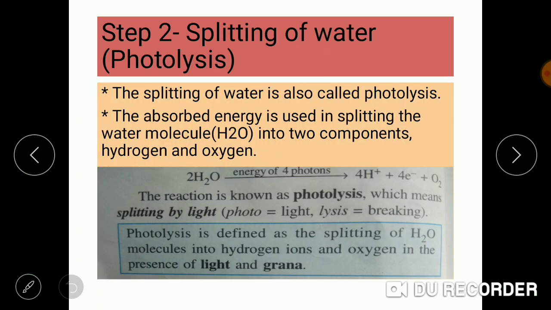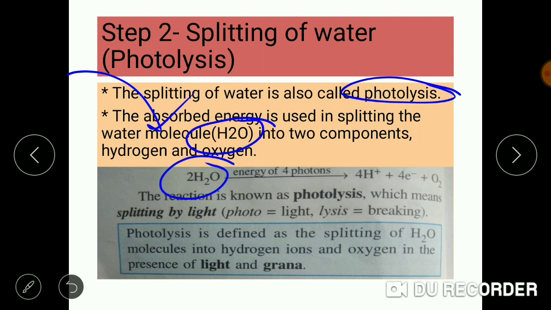Now we move on to step 2, which is splitting up of water, or photolysis. When the photons of light fall on the chlorophyll molecule, it also leads to splitting up of the water molecule. It splits the water molecule into hydrogen ion and oxygen molecule.